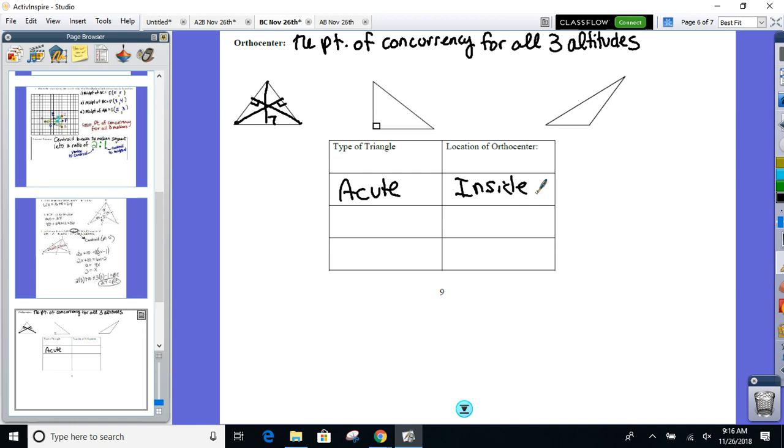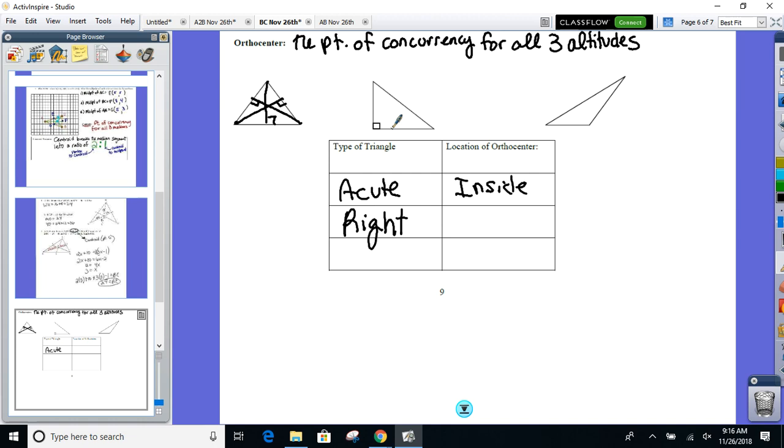Let's go to my second type of triangle, the right triangle. The orthocenter will not be located inside a right triangle. Here's why. How's the orthocenter formed? That's where the what intersect? Altitudes. If you take a right triangle, and I probably should have mentioned this earlier in class, aren't 2 of the legs altitudes?